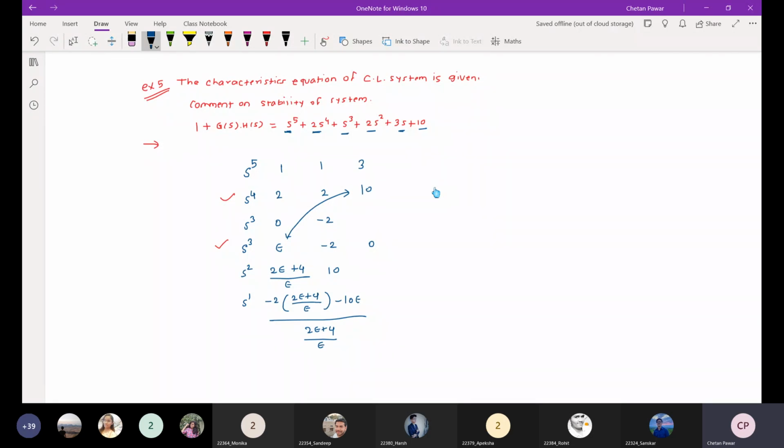Now if you simplify this term, you just take the minus sign outside, divided by 2 epsilon.